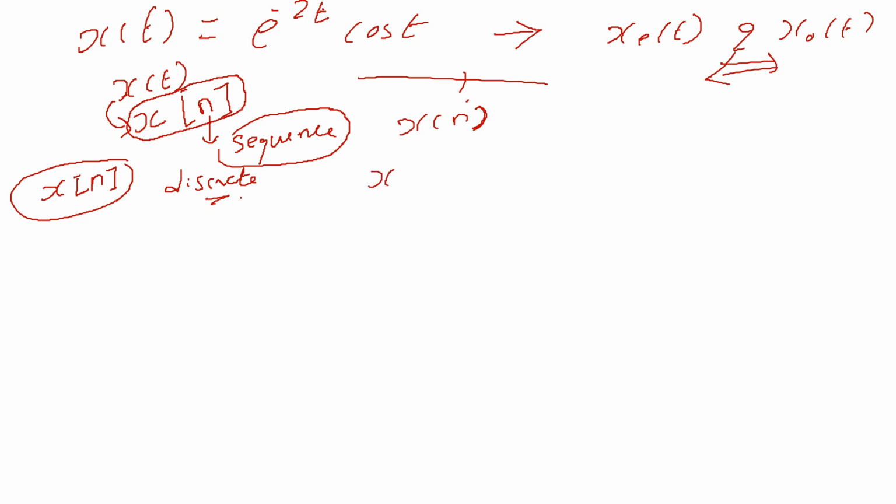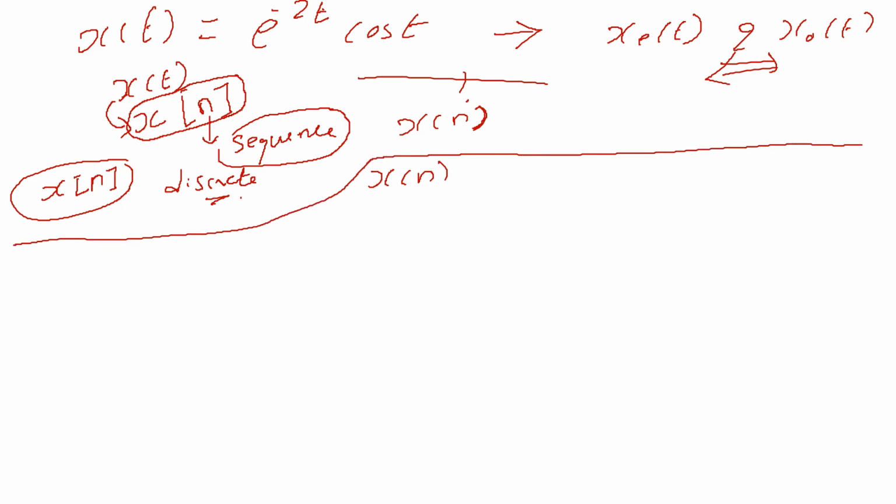So discrete case, we shall start like this. So x of n has been drawn like this. -3, -2, -1, 0.